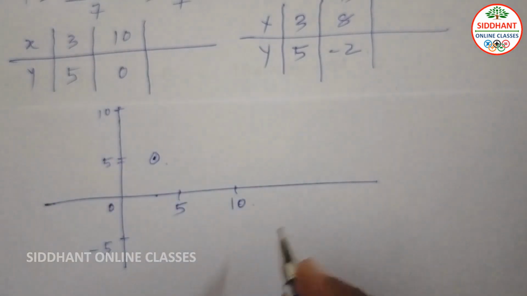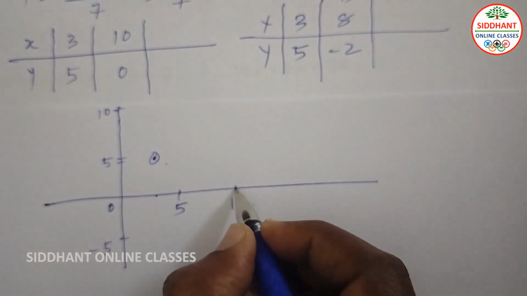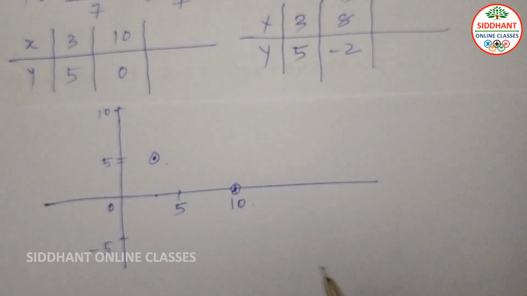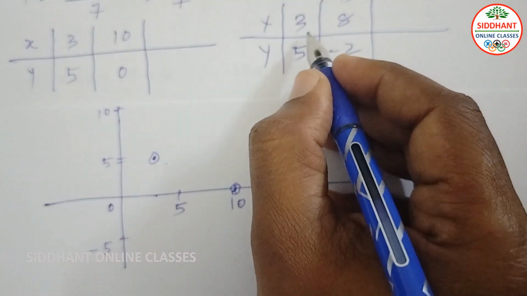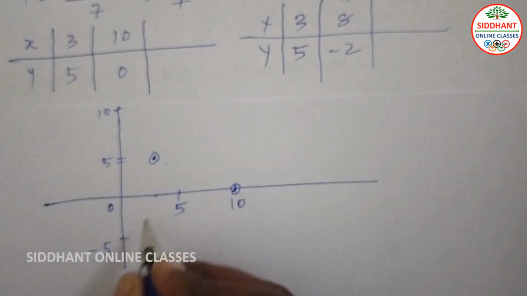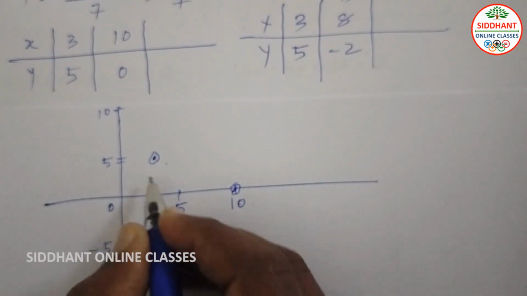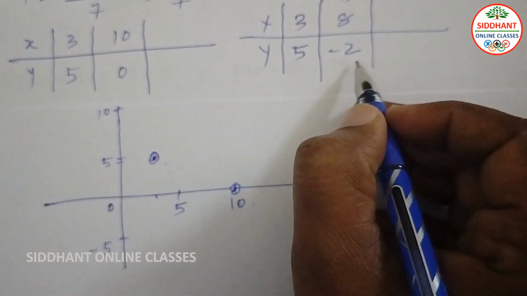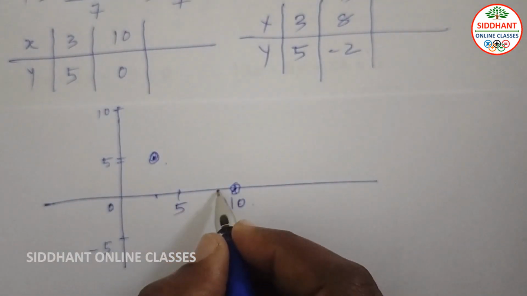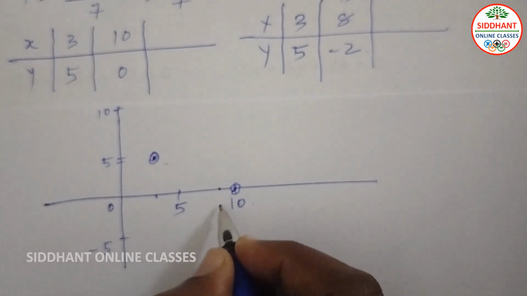When x is 10, y is 0, so here we are going to see the point. Next equation: when x is 3, y is 5, the same point. When x is 8, y is minus 2, so here at 8 and minus 2 you are going to see the point.